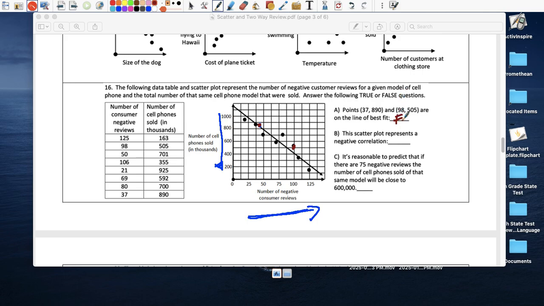No, that's false. Are those 2 points on the line? They're not on the line.